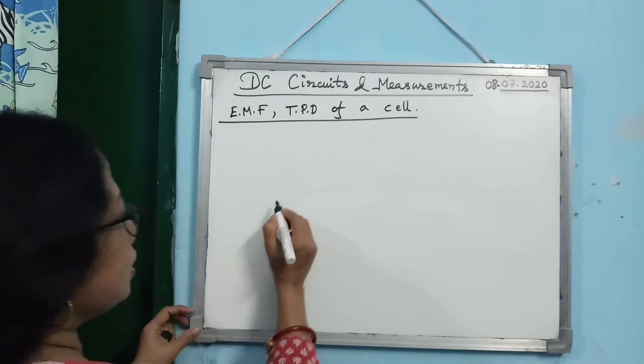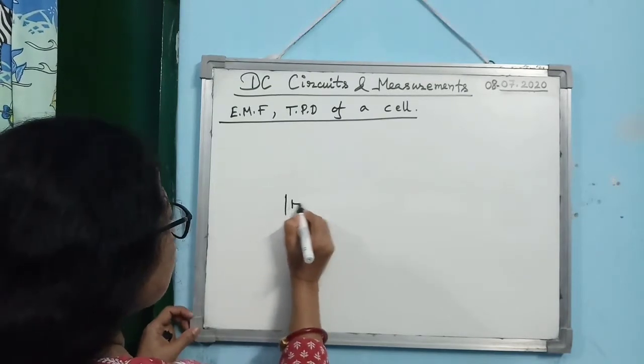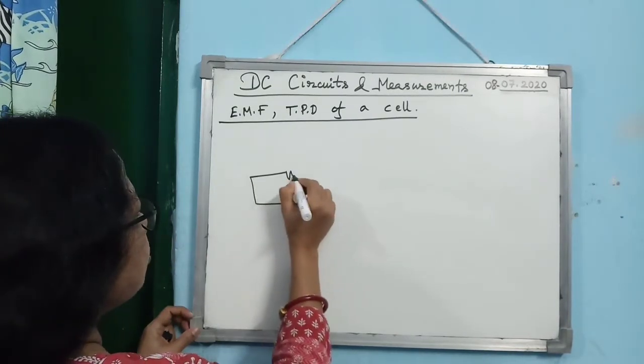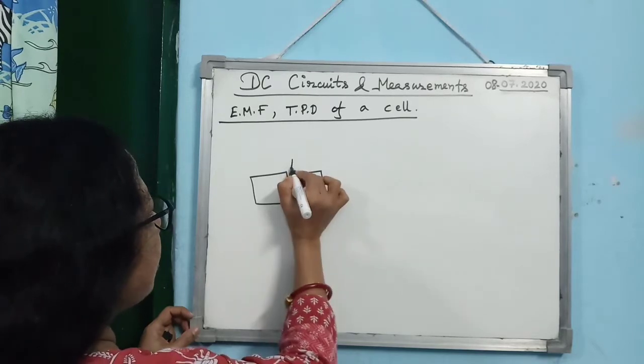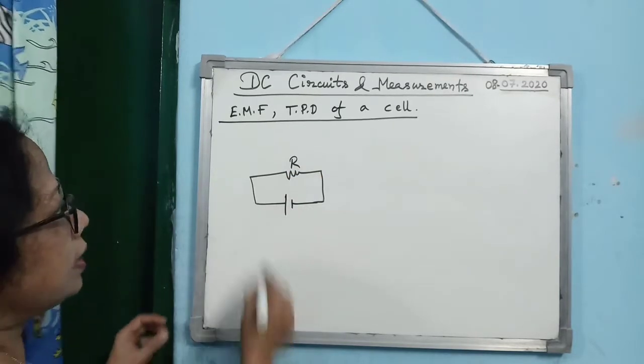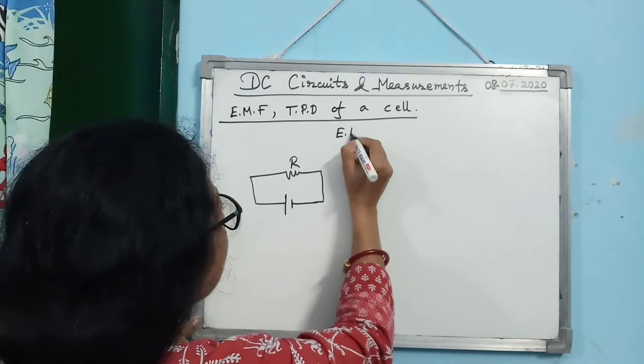Now, suppose there is an electric cell connected to an external resistance R. Okay. In that case, what is the EMF of a cell?